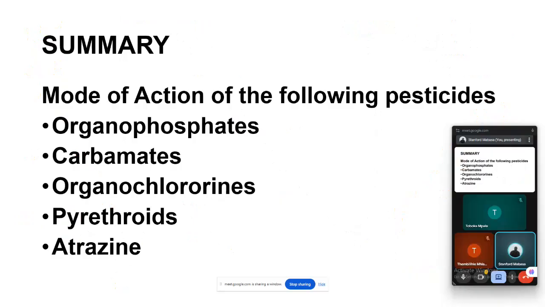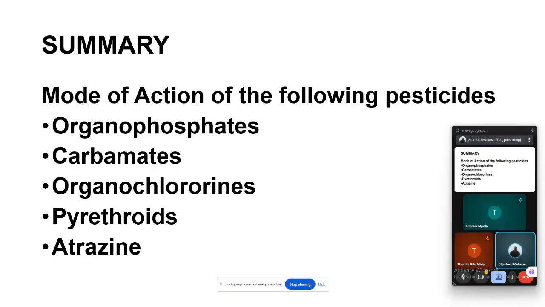So in summary, we have just looked at the mode of action of the following pesticides as examples: organophosphates, carbamates, organochlorines, pyrethroids, and atrazine. So on the mode of action, this is it. We cannot deal with every pesticide on the mode of action.